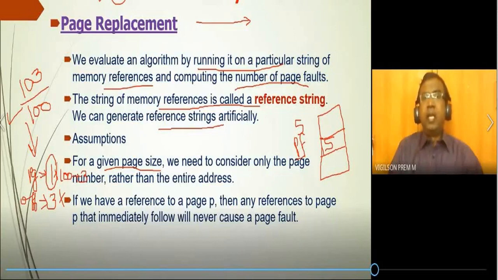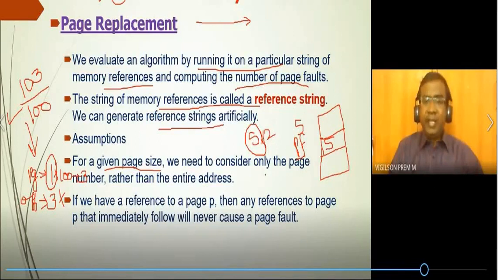Okay. Now the next reference is 512. What is the page number? 5, which is already available in main memory. So a page fault will not occur. Even though the memory address is different, 512, the entire page is already available in main memory. So there will not be any page fault.